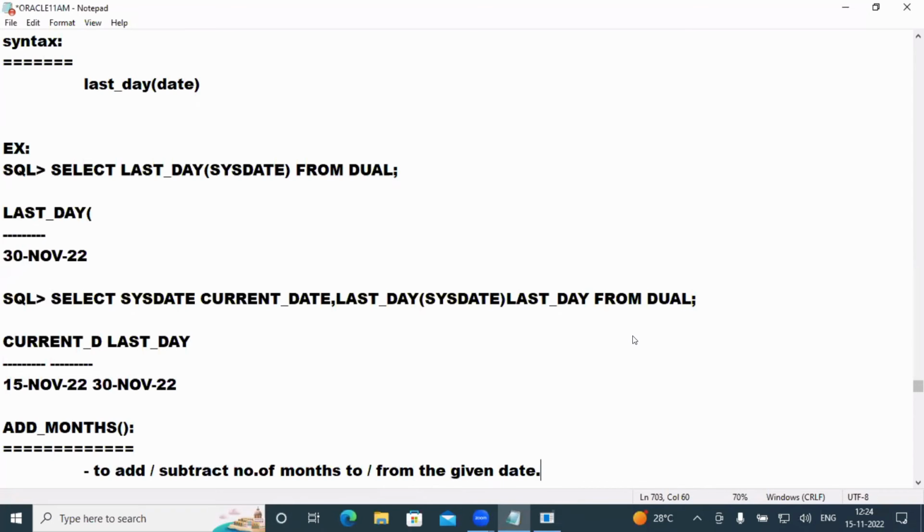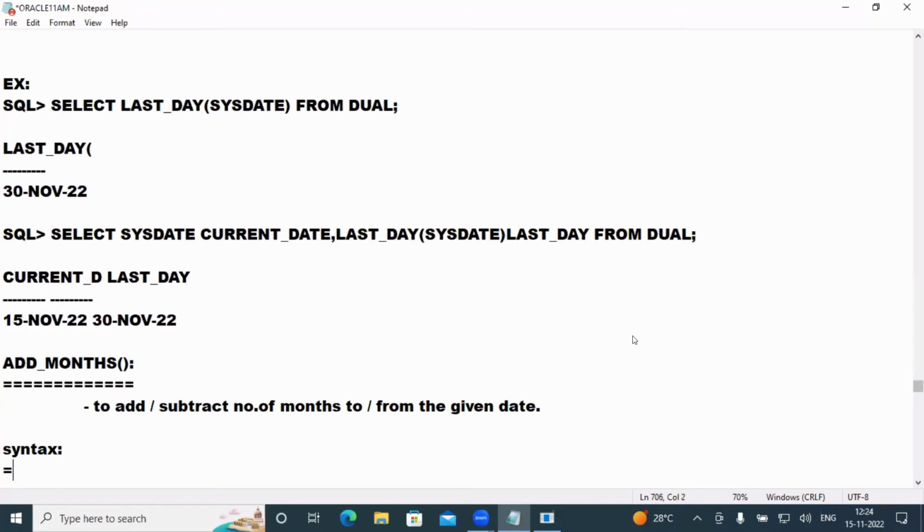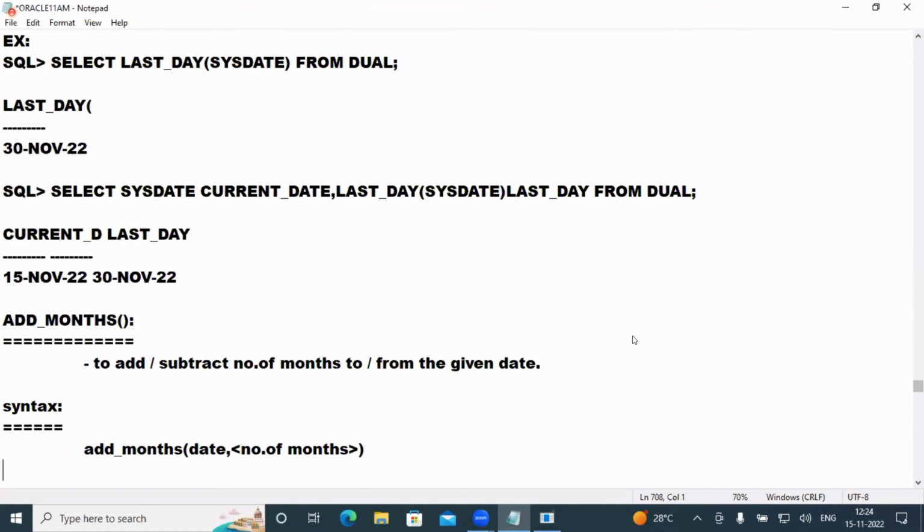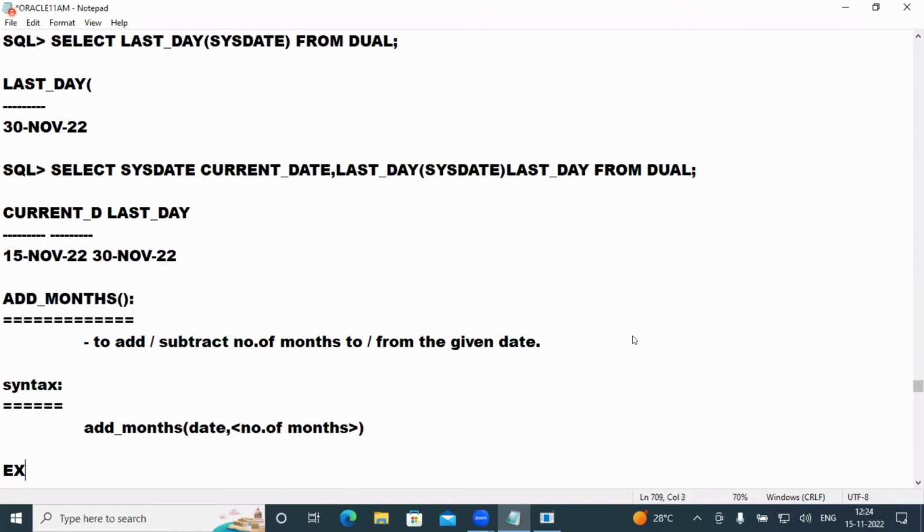What is the syntax? ADD_MONTHS of, here I want to give a date, comma, number of months. I want to give the number of months.